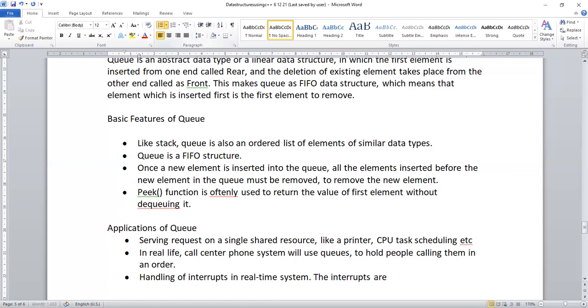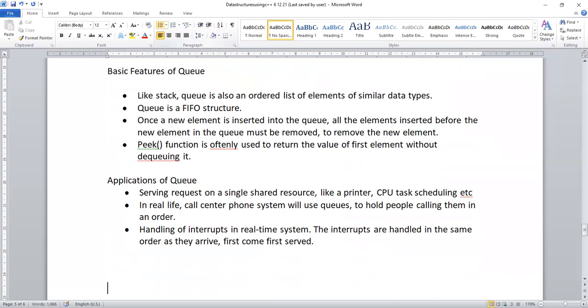The interrupts are handled in the same order as they arrive. First come, first served. Okay, so these are the applications of queue.